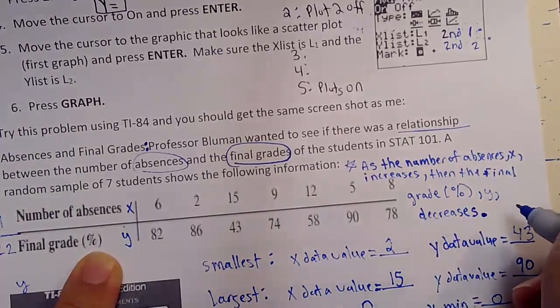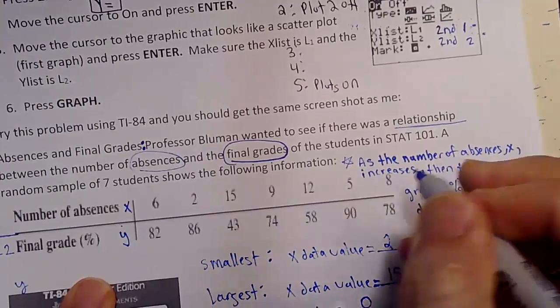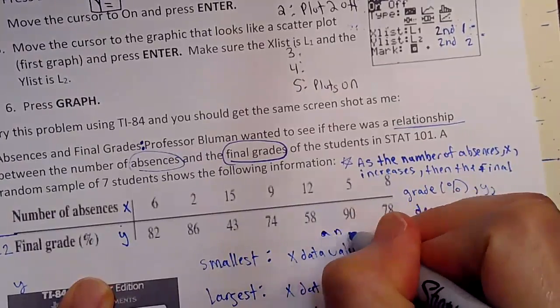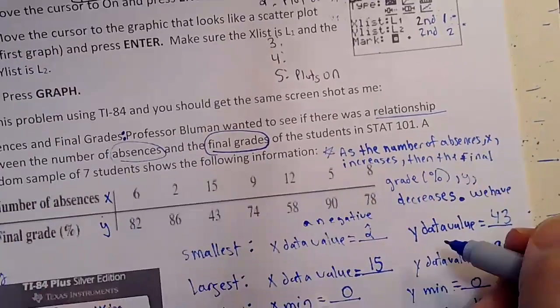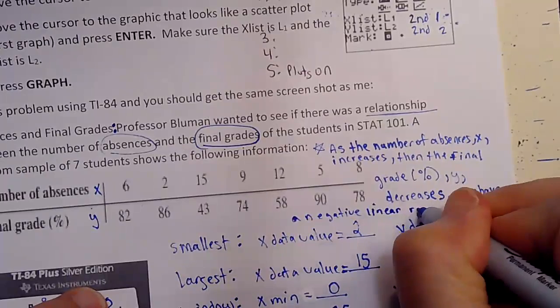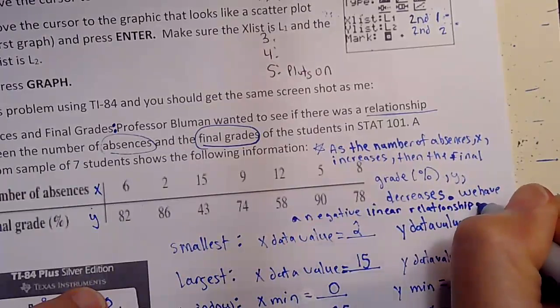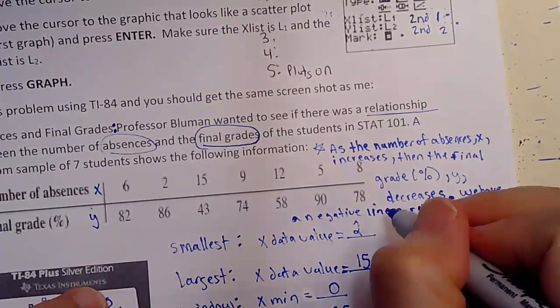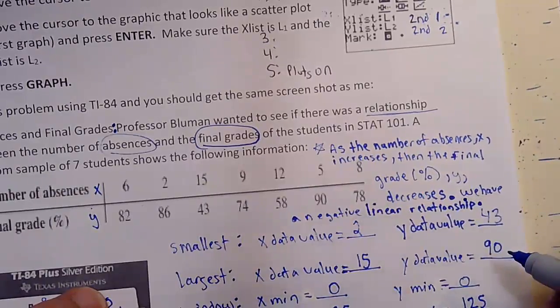Okay, and this is an example of a negative linear relationship. We have a negative linear relationship. Okay.